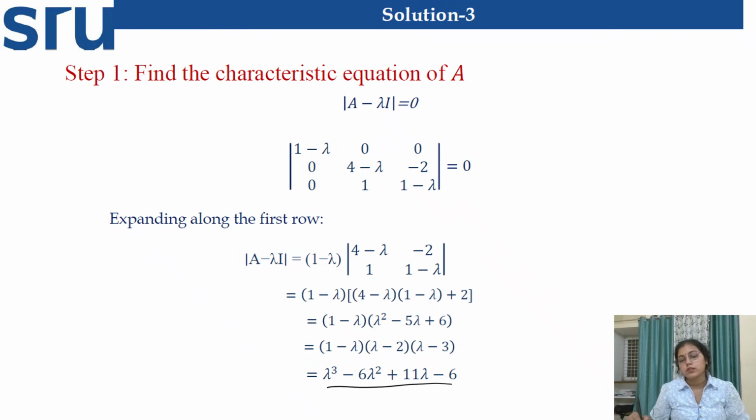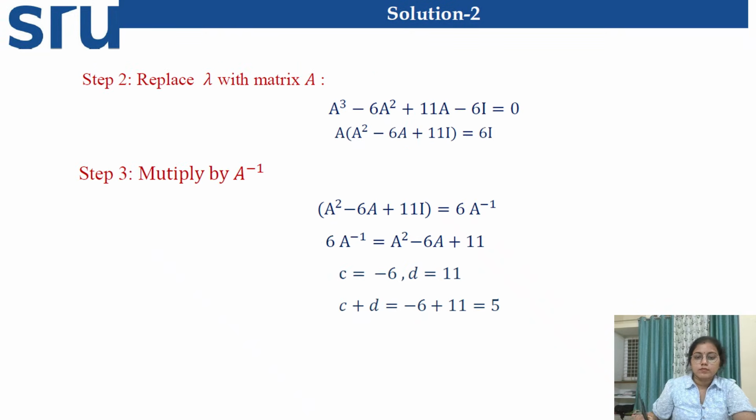This is the characteristic equation. In the next slide I'll discuss how to find the C plus D value. In the next step, in the place of lambda you have to replace A.